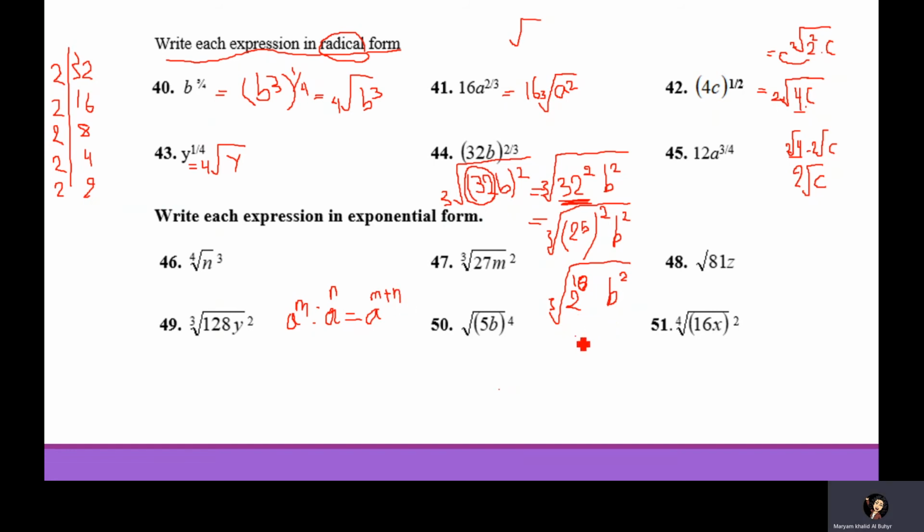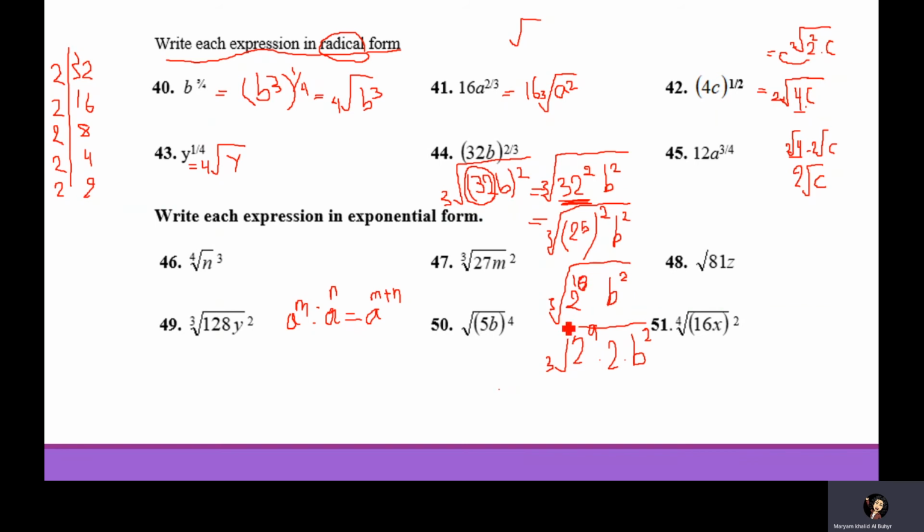Now this one I can rewrite it to the power 2 to the power 9 times 2 times b to the power 2. All this to the power 3. Why do I need this 9? Why I wrote this 9? Because I know these are the same base. I add the power. So when I add the power, I will get 10. It's like the opposite direction.